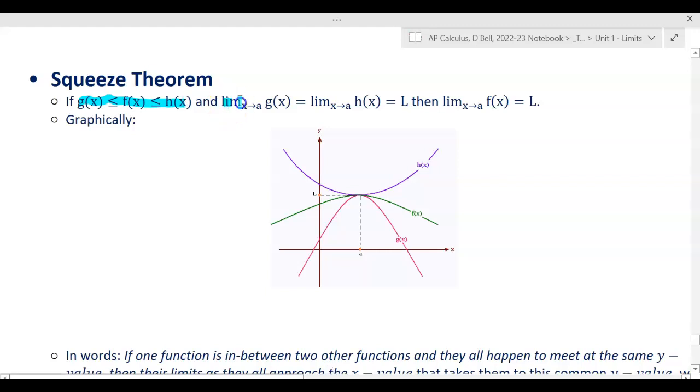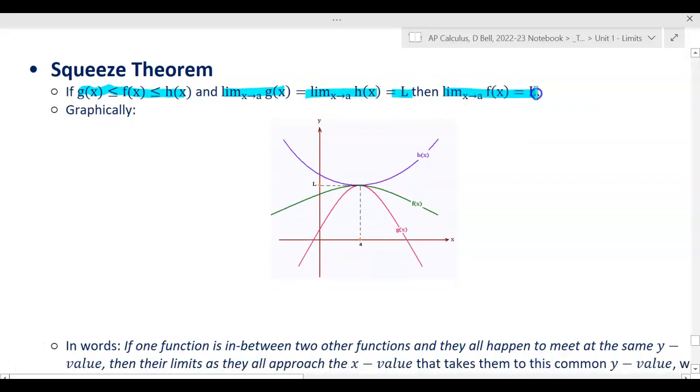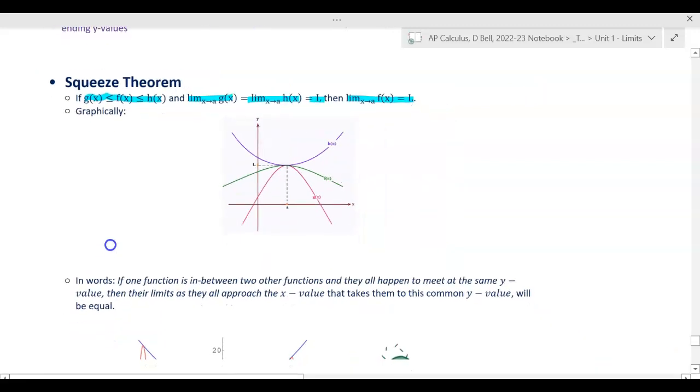If the limit of the lower equals the limit of the upper, and they equal a real number, then the limit of the middle function will also go to that same number.